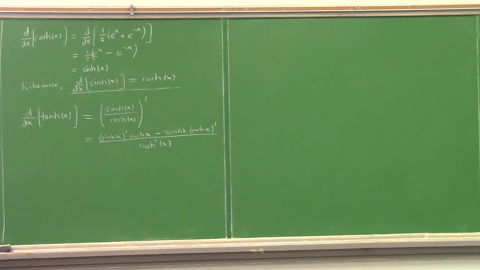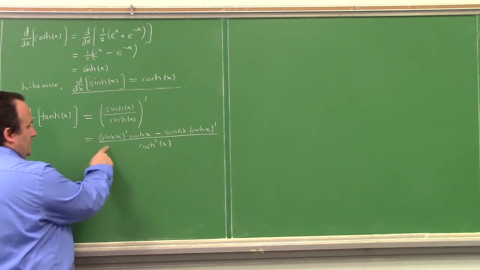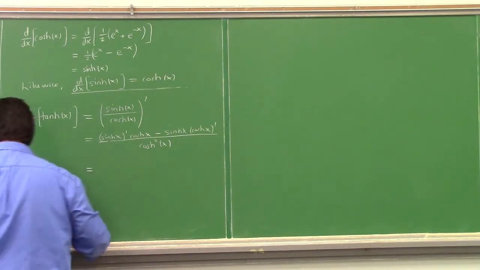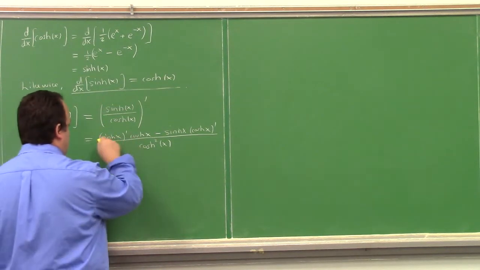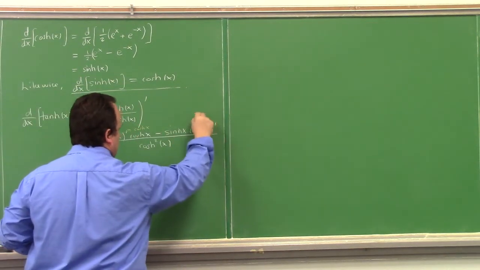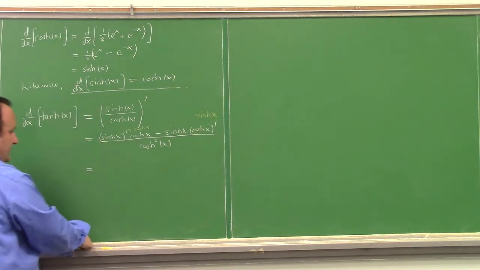But what do we get? Let's see here, cosh. I'll do it in yellow. So this is cosh x, this is sinh x. So we get cosh squared minus sinh squared, which we just derived as 1.